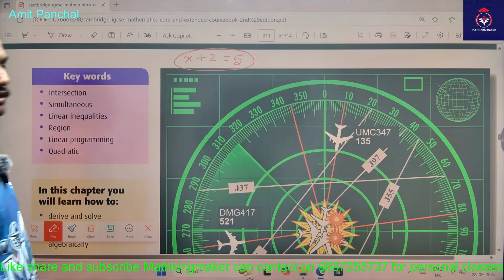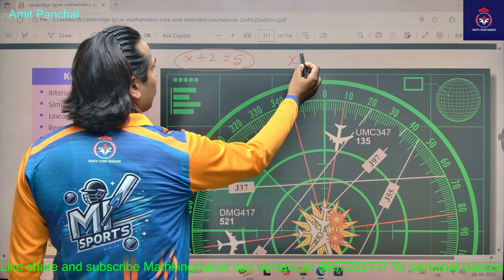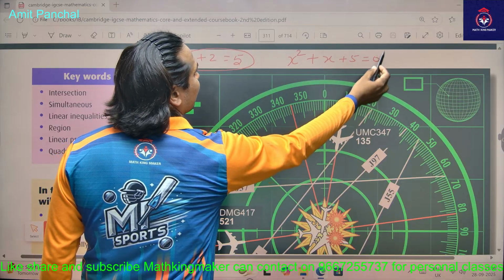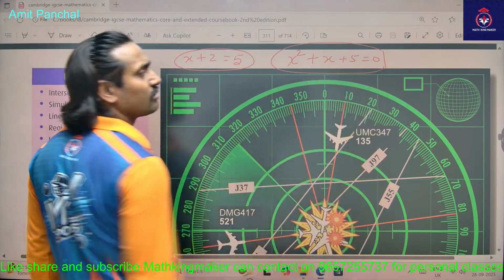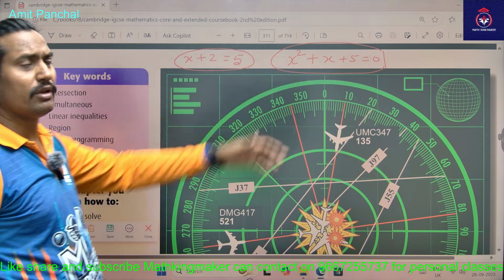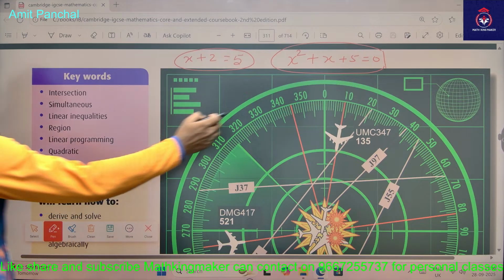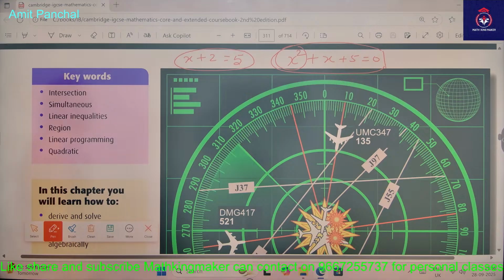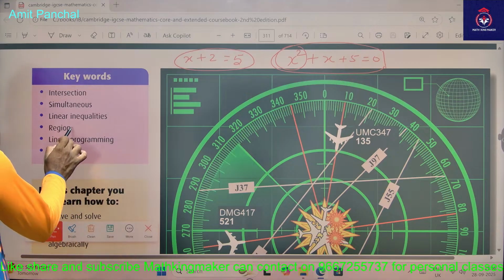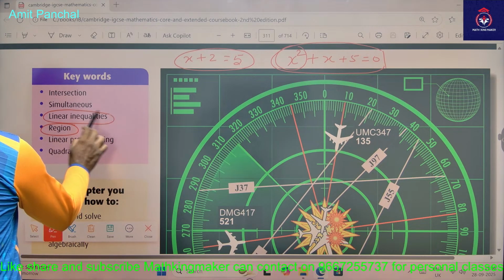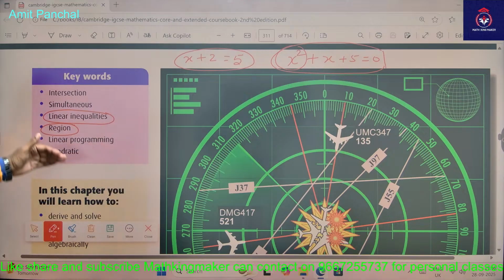And if I take x square plus x plus 5 equal to 0, is that a linear equation? No, that is a quadratic equation. It's not linear because it has a degree of 2. We will show the region once we are talking about linear inequalities, and then linear programming and quadratics.